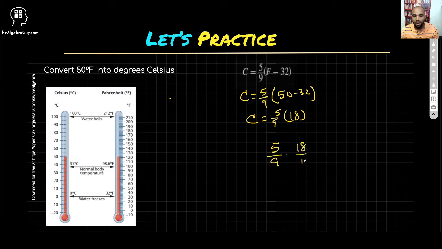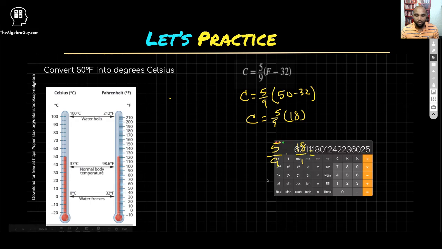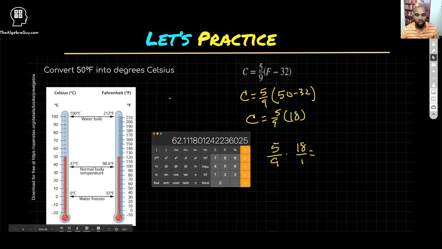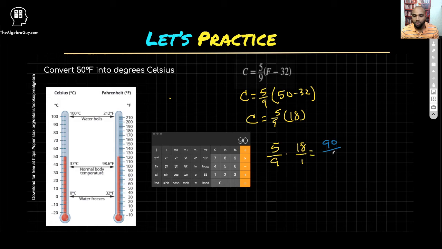18 is the same thing as 18 over 1. But what I was looking at was this 18 and 9. So instead of going straight across and doing 18 times 5 and getting 90, and then dividing by 9 times 1, which is 9, and getting 10, I just saw that 18 divided by 9 was 2. So if I divide that by 9, that's 2. Divide this by 9, that's 1.